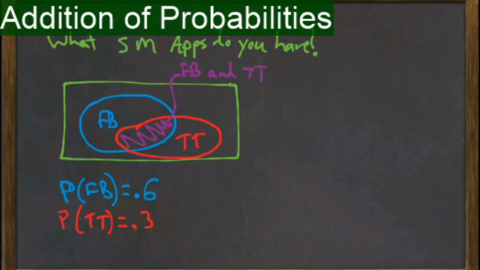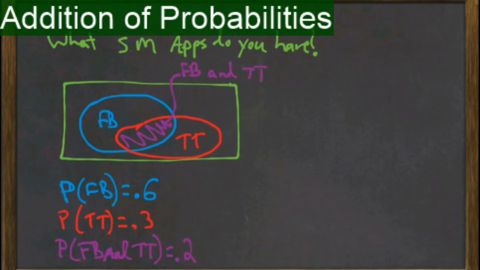But we also need to know, what is the probability of both? The probability of Facebook and TikTok. Okay, and we'll talk more about how we can calculate that in the future. But let's say we know it's 0.2.